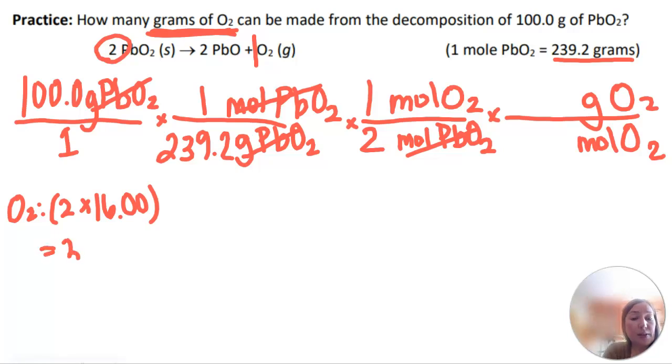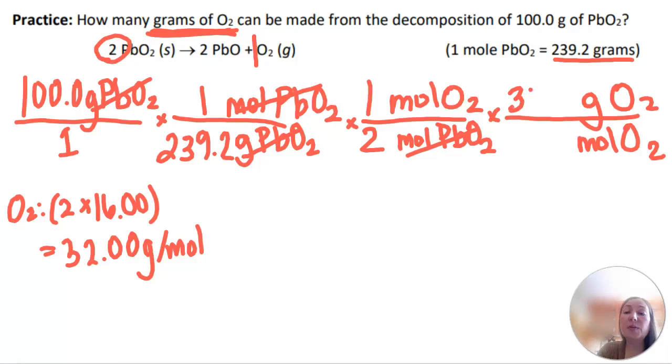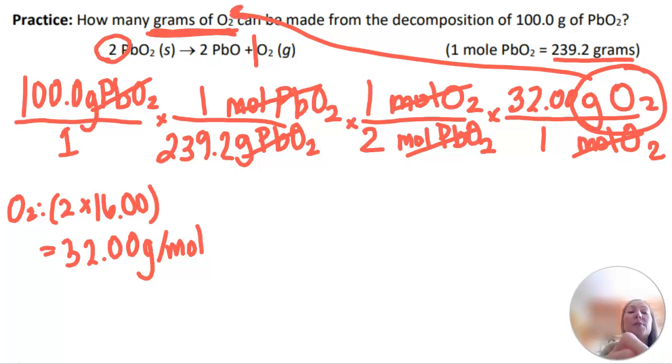And you would get 32 grams per every 1 mole of O2. So the 32 goes with grams, 32.00 grams are in every 1 mole of O2. We can cancel out moles of O2, and finally the units match up, and we've gotten to grams of O2 like we were supposed to.